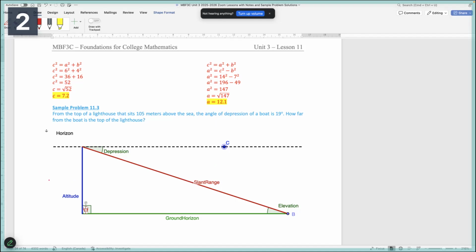So opposite and adjacent, if you forget, come back up here. Opposite and adjacent is tangent. So come back down here. It might not be a bad idea just to take a copy of what I just showed you. Actually, that's not the adjacent side. I made a mistake. Let's fix that mistake. This is the side opposite the right angle. The side opposite the right angle is the hypotenuse.